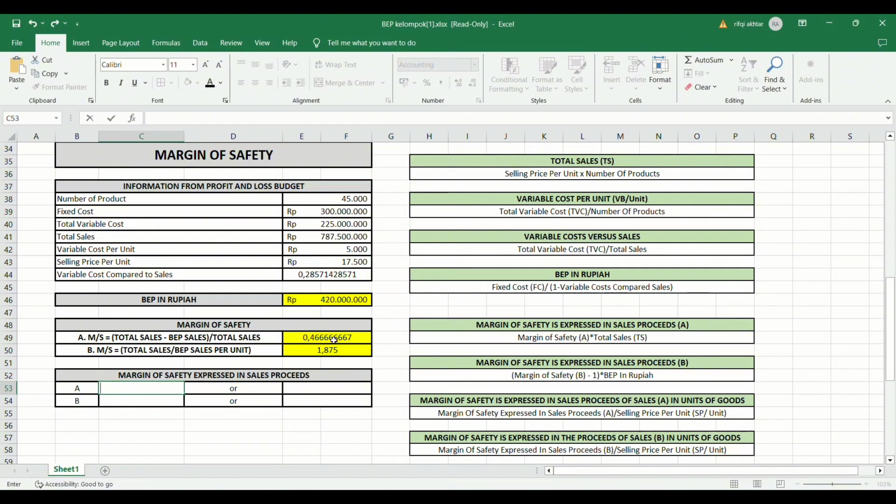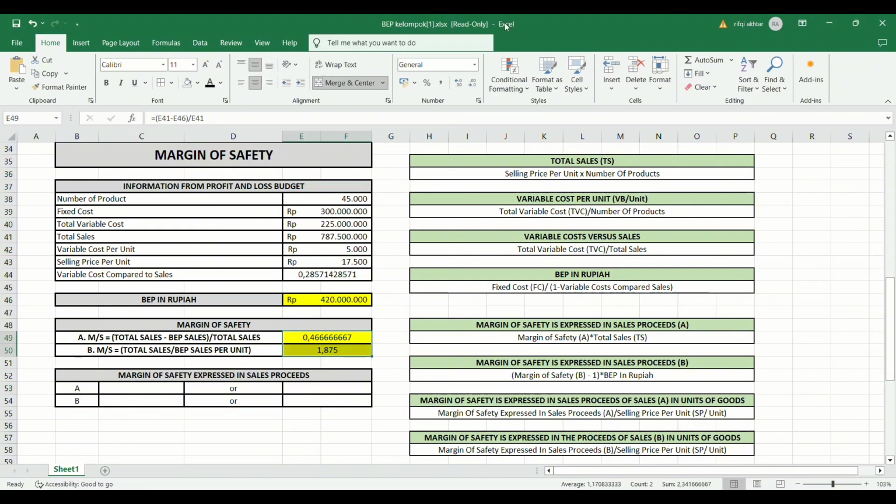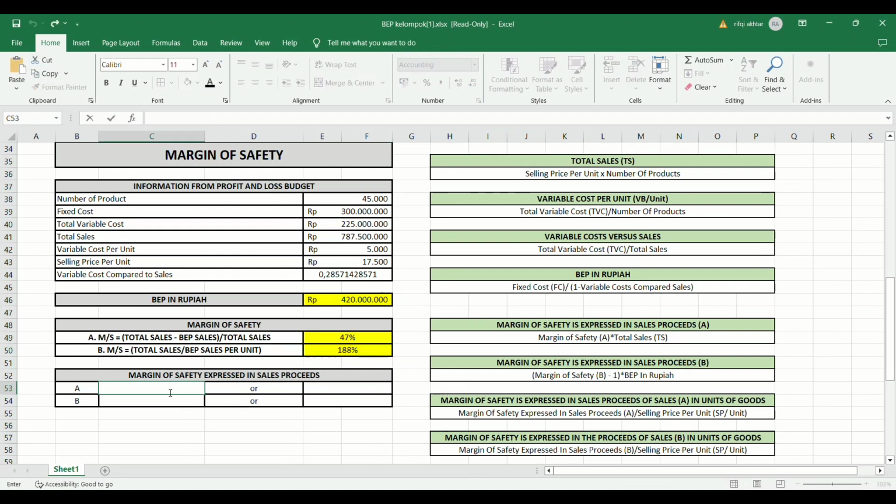For this column, you have to change it to percentage. Okay, next is margin of safety expressed in sales process with formula equal margin of safety A multiplied by total sales and then enter.